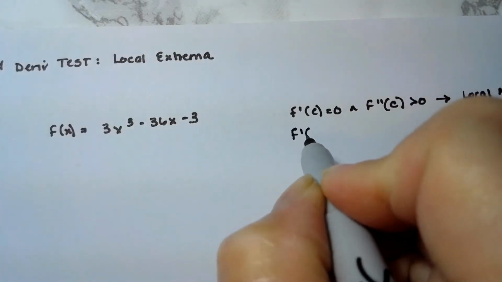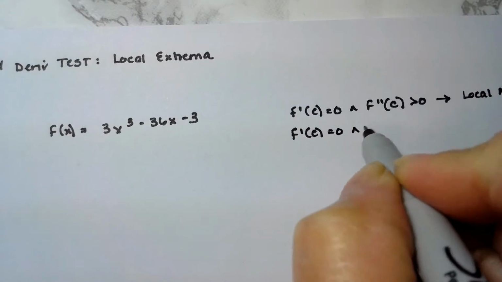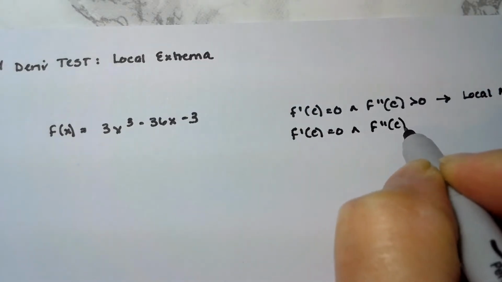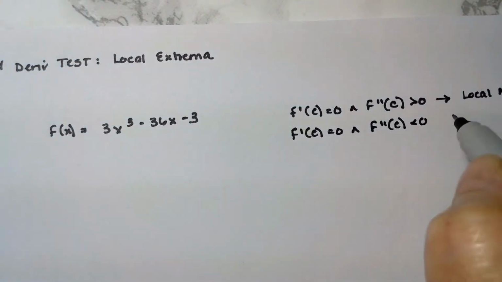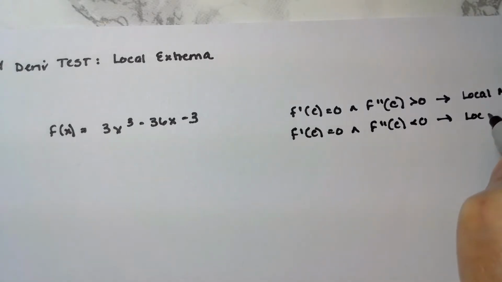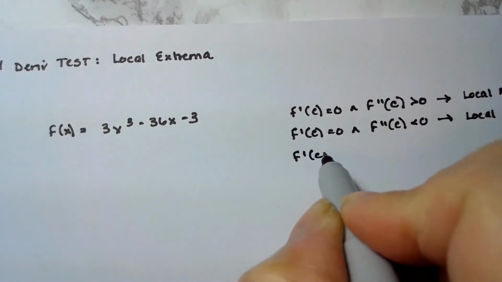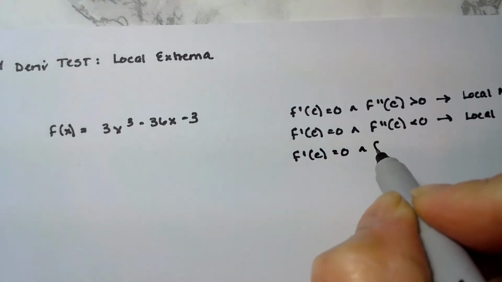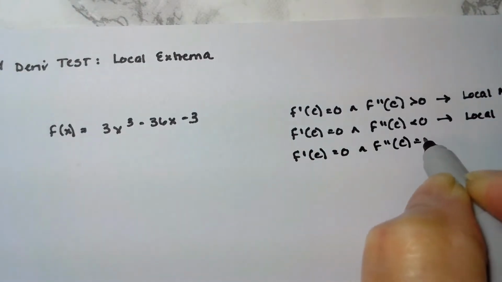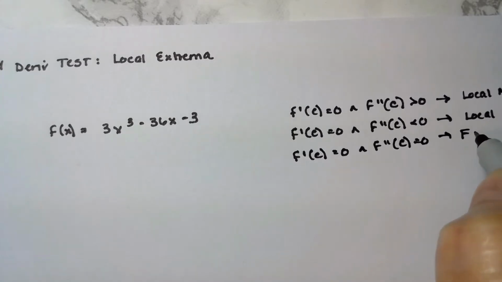If the derivative at some critical number is 0 and the second derivative at that same number is negatively valued, then we're going to have a local maximum. And if they both equal 0 for that particular critical number, then the test fails. And if the test fails, you have to use the first derivative test.